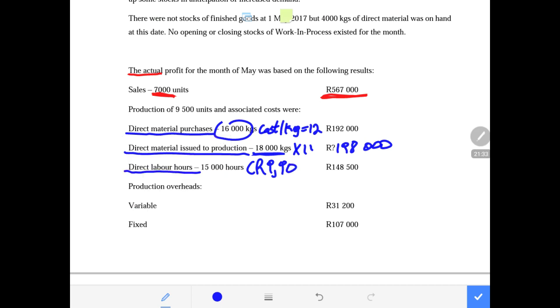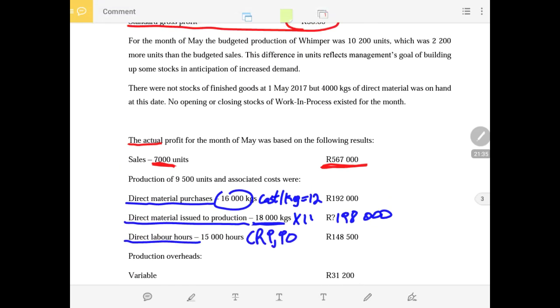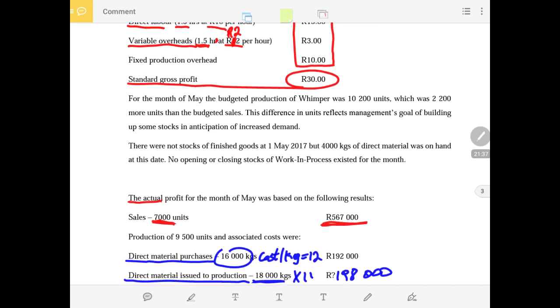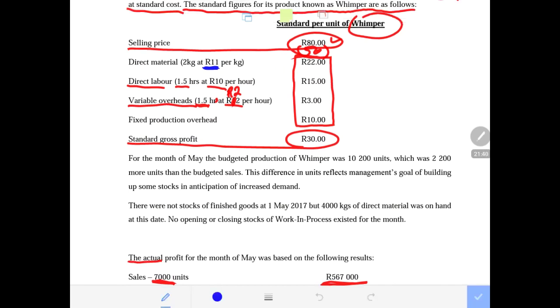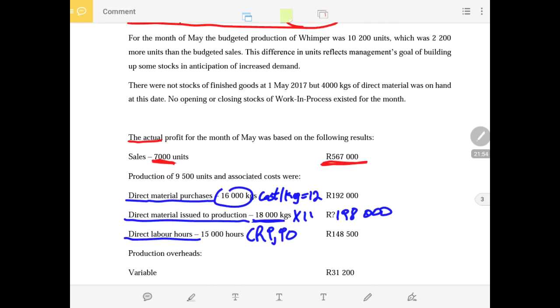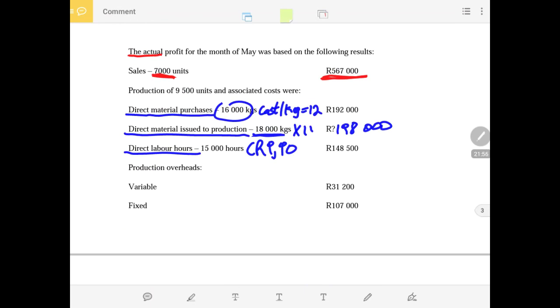Then we have the actual labor rate of 9 rand 90 cents versus the standard labor rate. Therefore that will give us a favorable variance of the difference between the two. Then we multiply that by the actual hours, 15,000 hours.